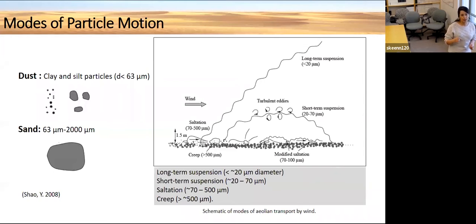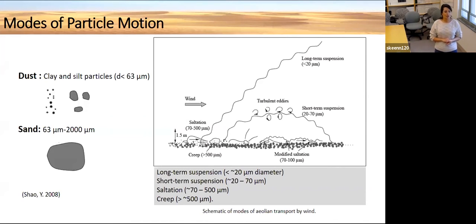For example, really small particles experience long-term suspension, which means they stay in the atmosphere for maybe several days and are transported over large distances. Particles with diameter between 20 and 70 micrometers experience just short-term suspension, several hours.